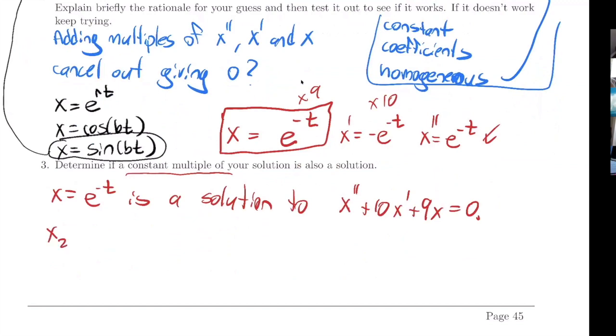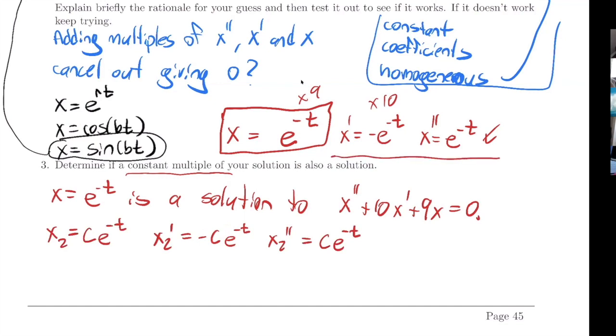So let's try a different solution. Let's see, if I were to multiply that solution by some arbitrary constant c, no matter what that constant is, hopefully you can see that when we take derivatives, the c just gets pulled out. So it's almost like every one of these first, second derivatives that we take is just c times what we had above here.